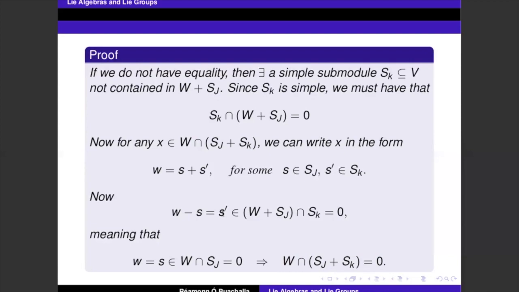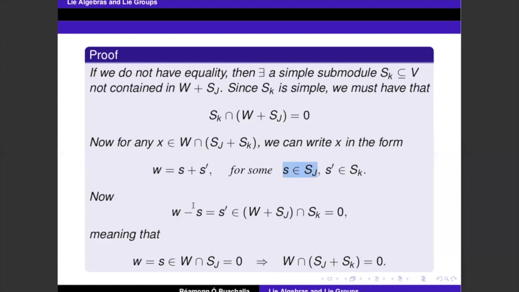But this side of the equality lives inside s sub k, sorry, by assumption. And now this w lives in w, s lives in s sub j by assumption up here.